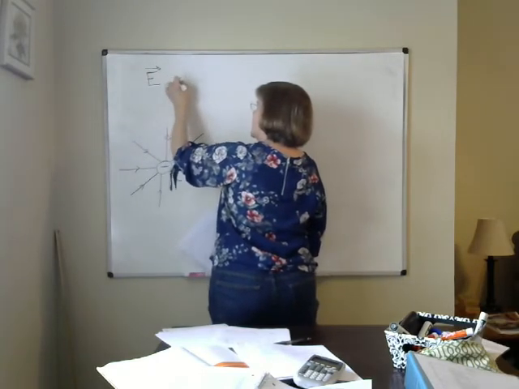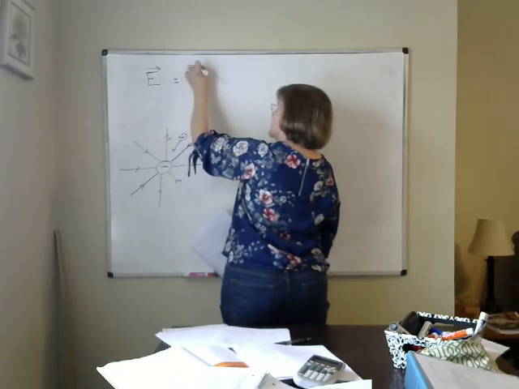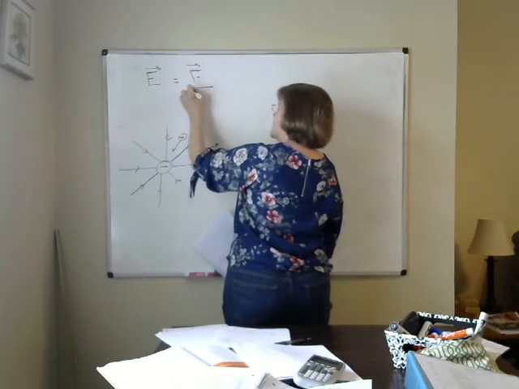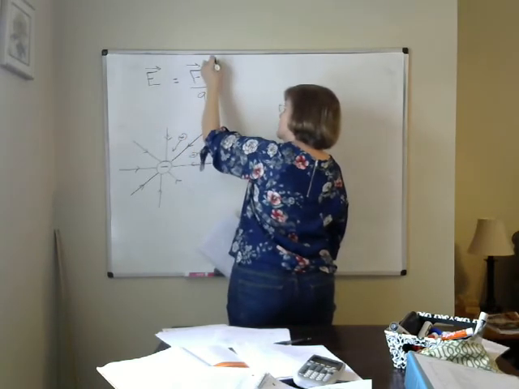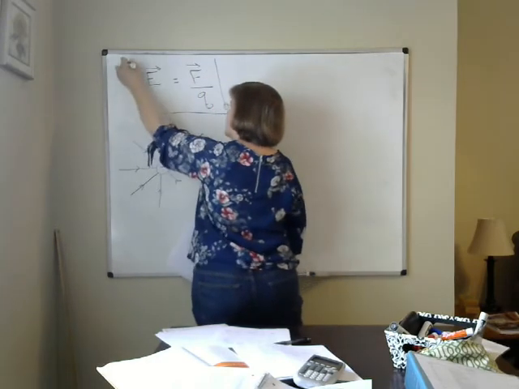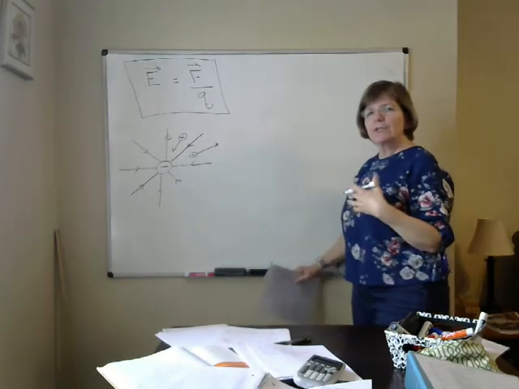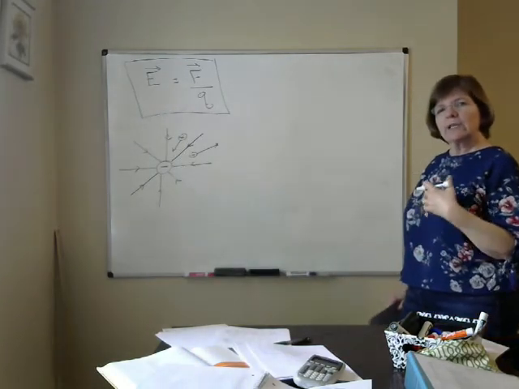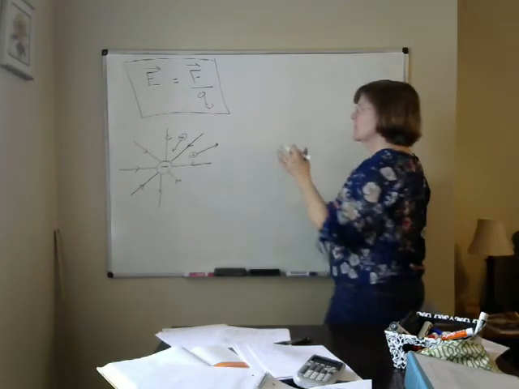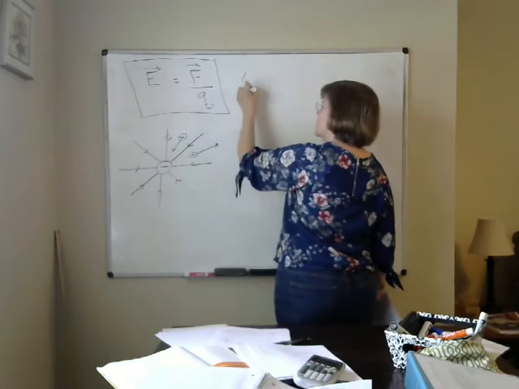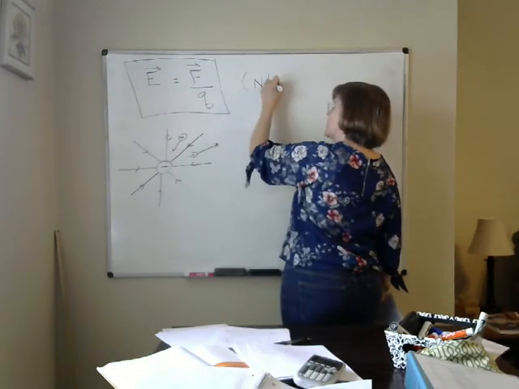And it is simply equal to the force, which also has direction, divided by the charge. If we think about units, we measure force in newtons. We measure electric charge in coulombs. So electric fields have units usually written as newtons per coulomb.